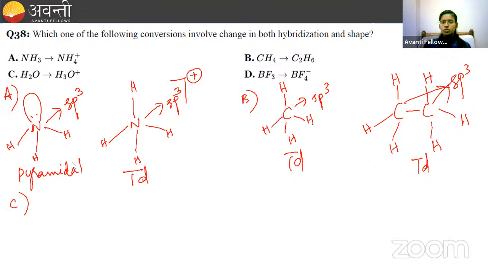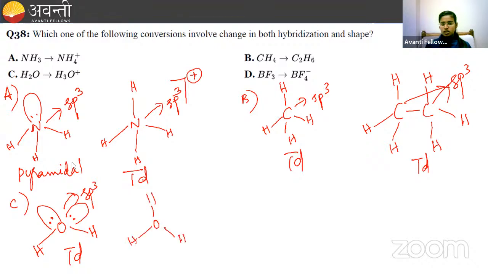Next, coming to option C. So here I have H2O, in which I have 2 bond pairs and 2 lone pairs. The hybridization of this oxygen is sp3, and the shape is tetrahedral. And coming to H3O plus, here I have one lone pair.